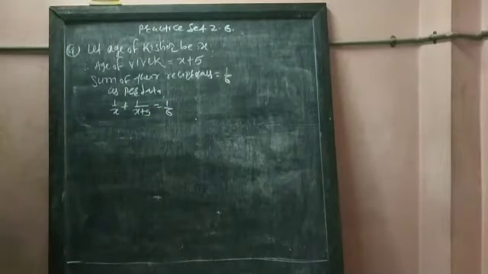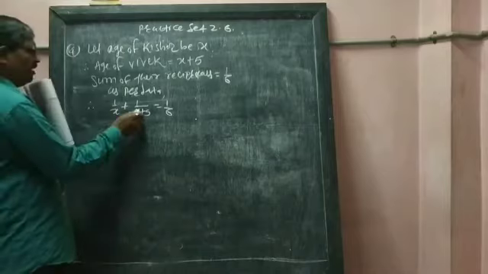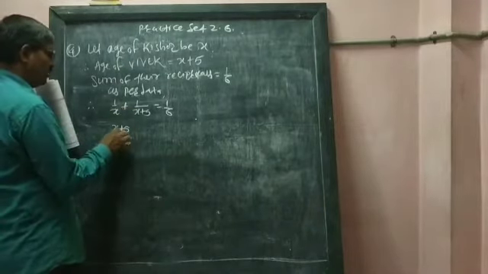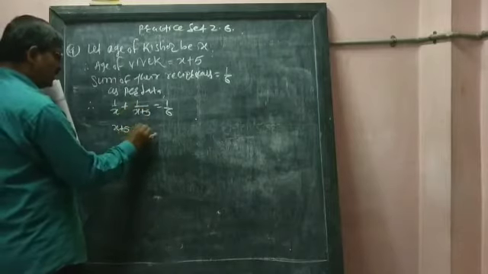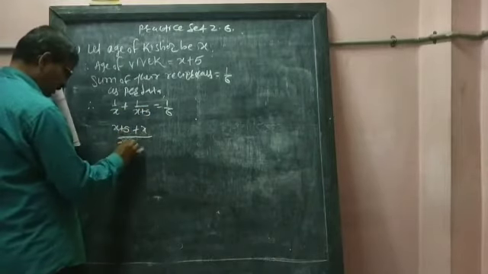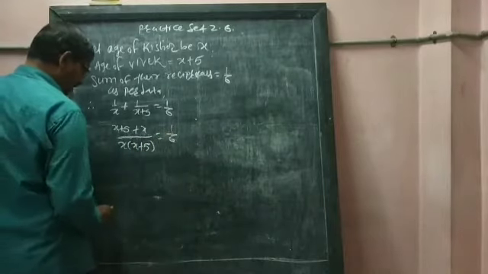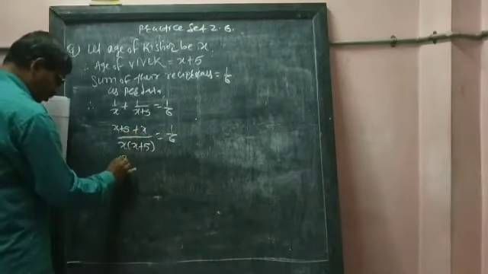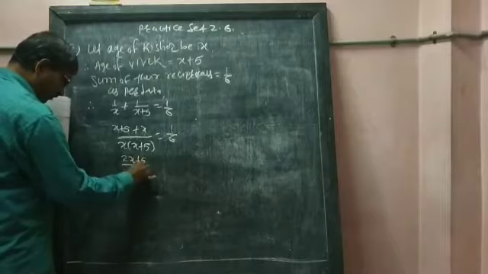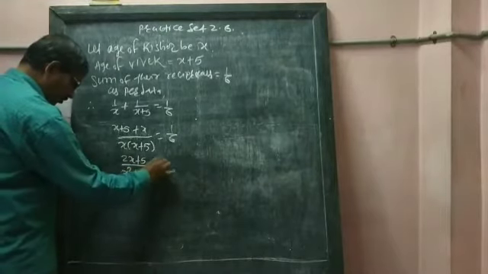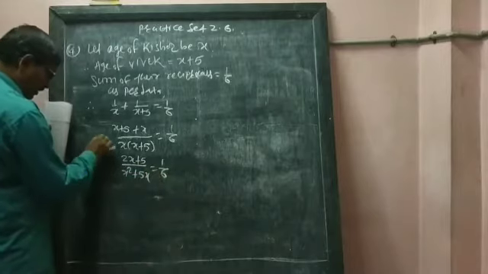Now do your cross multiplication at this stage. 1 into x plus 5 is x plus 5, and x into 1 is x. So x plus x plus 5, in brackets, over x into x plus 5 is equal to 1 upon 6. Then x plus x is 2x plus 5, and x into x plus 5 is x square plus 5x, equal to 1 upon 6.